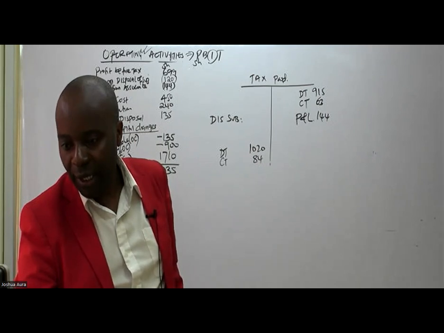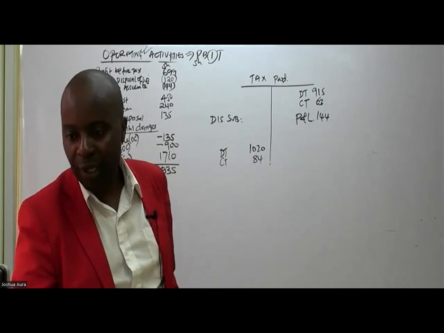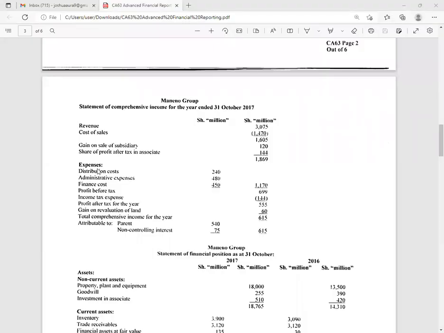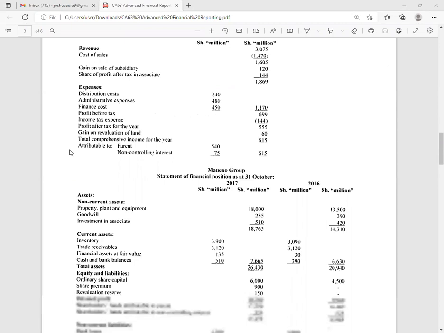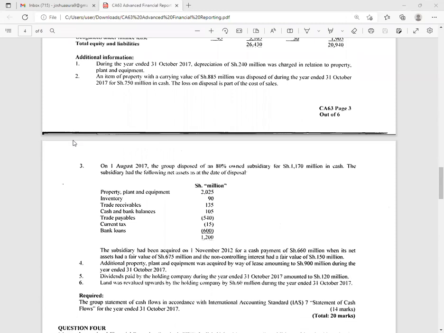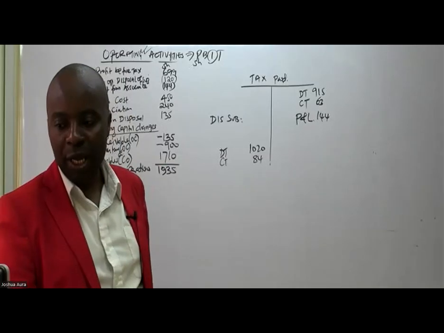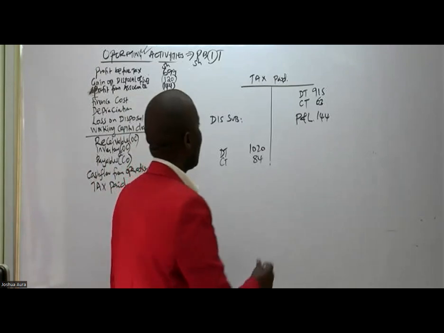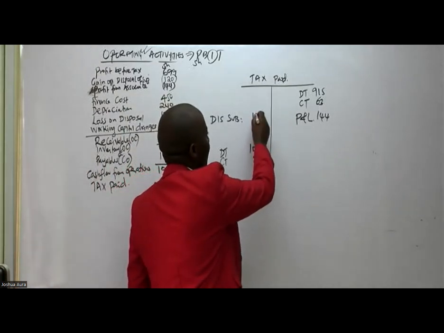What do we have here? Not deferred but disposed. We can see we have current tax of 15 for this disposed. So for the disposed, I can see in this case we have 15.